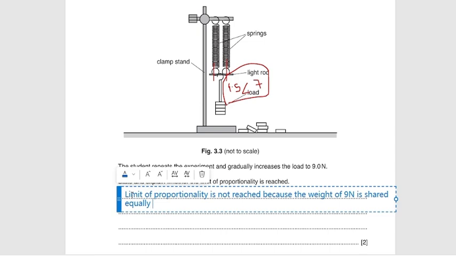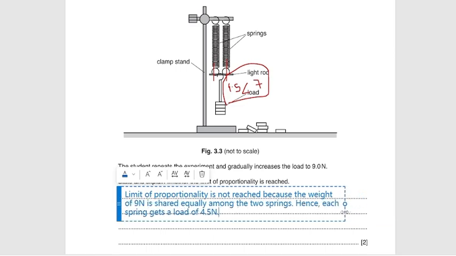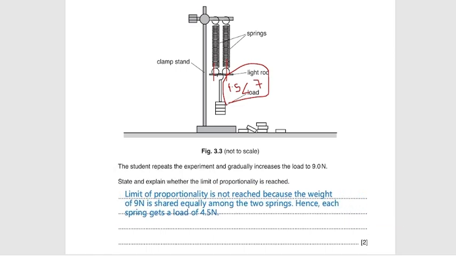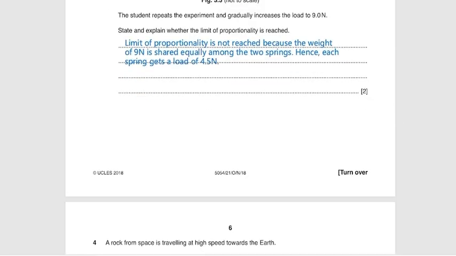The load is shared equally among the two springs. Hence, each spring gets a load of 4.5 Newton. And this is it for the C part and for question number 3.